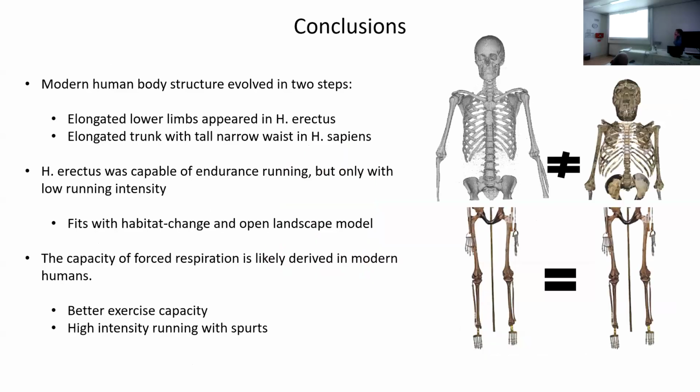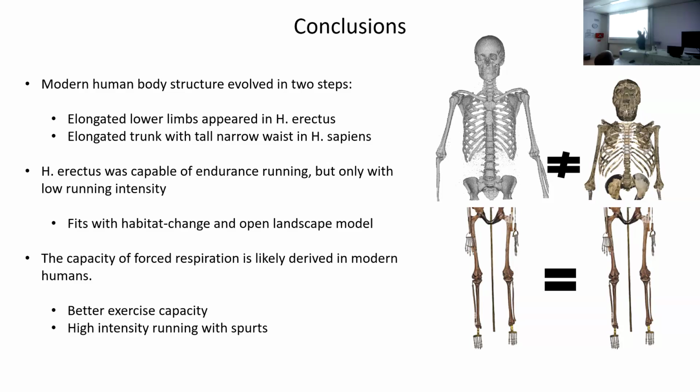And so I want to conclude suggesting that the evolution of modern human body structure may have occurred in 2 steps. The first step is that the lower limbs appeared with Homo erectus, the elongated ones, and this is shared between Homo sapiens and Homo erectus.